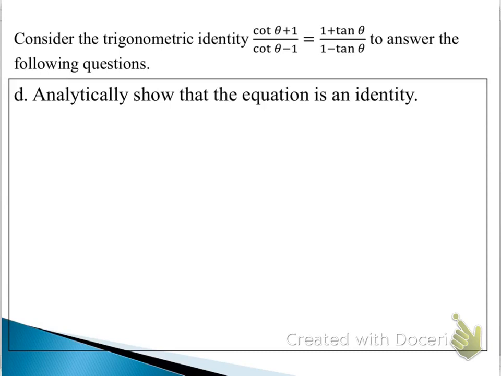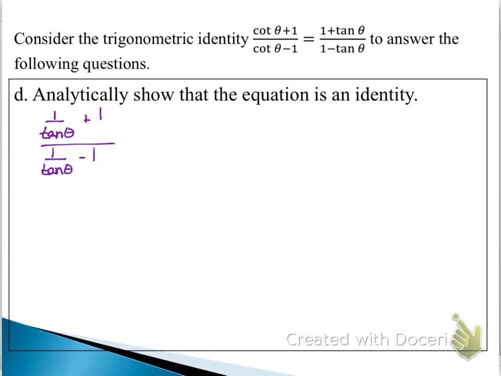All right, so now we're going to analytically show it. Just remember, cotangent is 1 over tangent. I'm going to be working on the left-hand side. So it's going to be 1 over tangent theta for my cotangent, plus 1 over 1 over tangent theta minus 1.